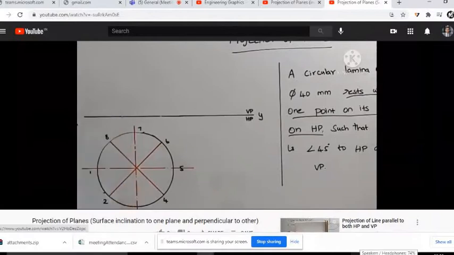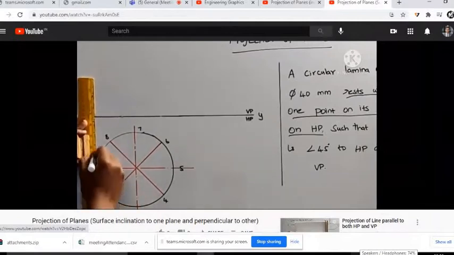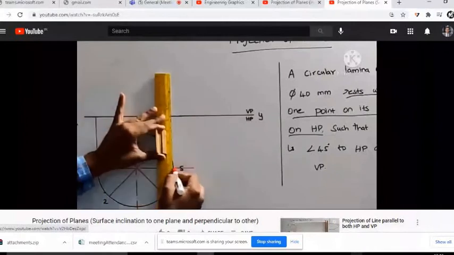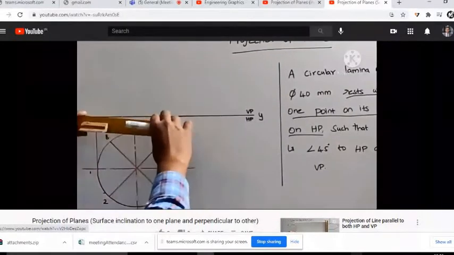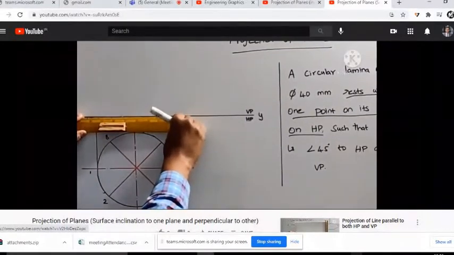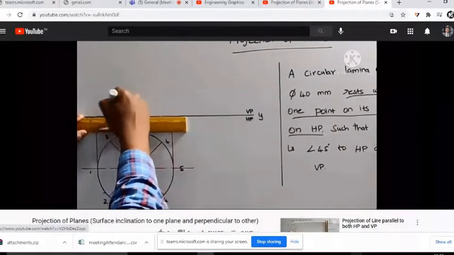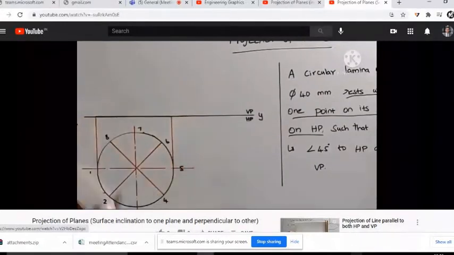Now I'm going to draw the front view for this circle. I need to project from the ends of the lamina to get the width of the front view. By doing that, I'll draw the front view, something like this.